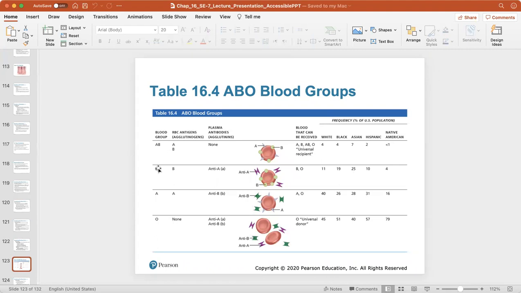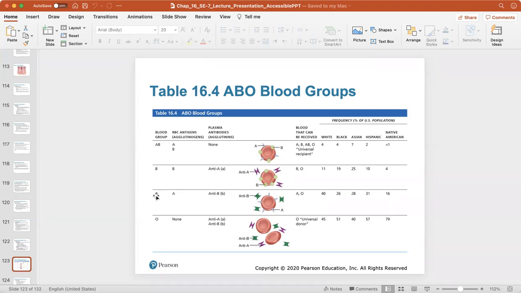If you're type B blood, you just have the type B antigen on the surface, but in your plasma, you'll have anti-A antibodies. Meaning if you're type B blood, you have the B antigen on the surface of your red blood cells, but circulating in your plasma, you have anti-A antibodies to fight off the A antigen if you have a mismatch. Here's the blood that it can be received from, and the frequency in the US population of what type of blood you have.